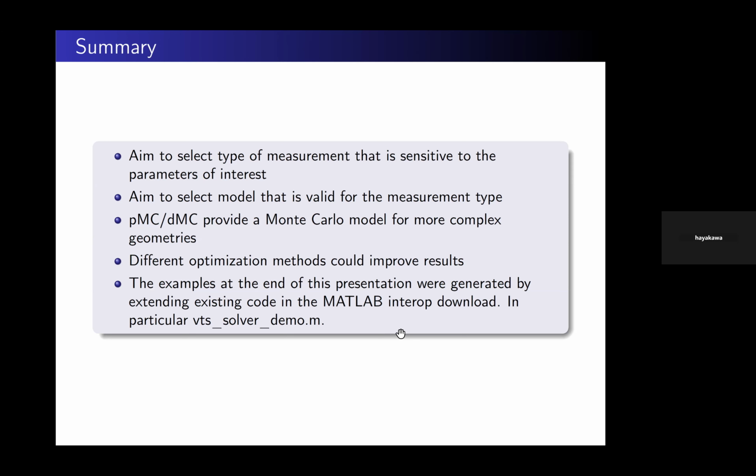And all of the code for the two examples I just showed are in this VTS solver demo. It doesn't create the little chi-squared maps, but it'll create the plots on the left-hand side. So if you wanted to play with it, you could substitute in your measurements, whatever you wanted. So thank you.